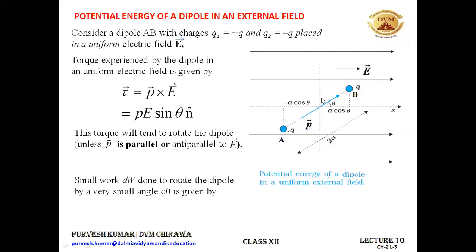It is the angular displacement. So if you multiply this torque with an angular displacement, you will get the work. So small work done in rotating the dipole by a very small angle d theta is given by tau d theta. The torque multiplied by angular displacement gives you the work done. Now put the values that we know.